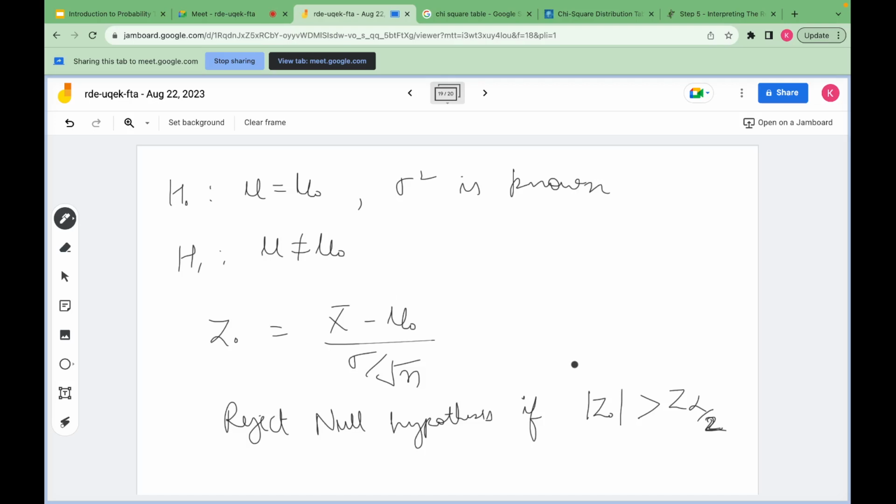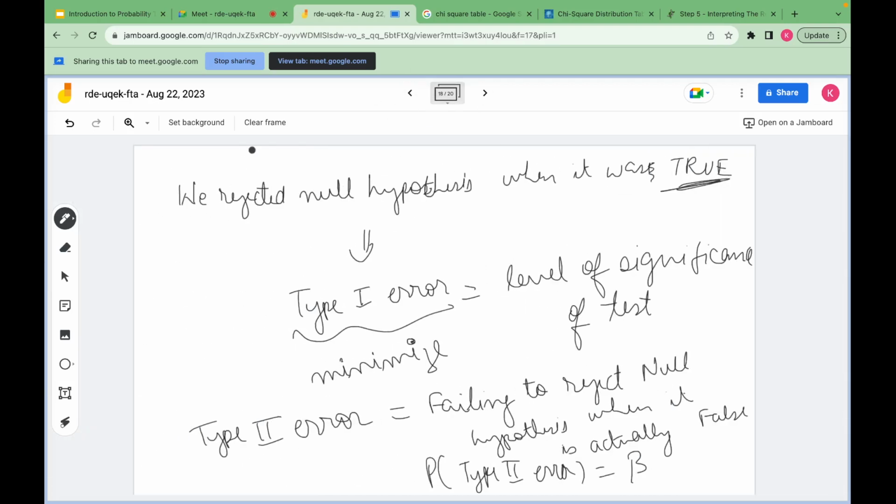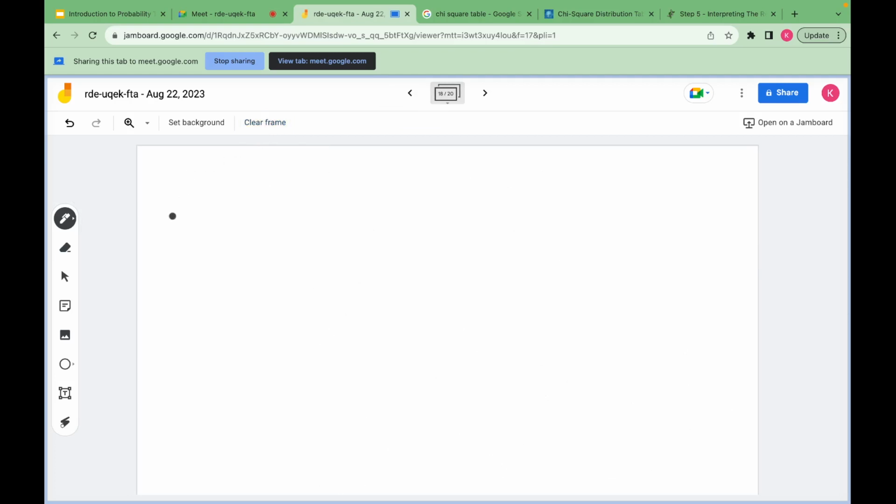And if we want to find the difference between the means of two populations, this is population 2, mu1 and mu2 are the means.